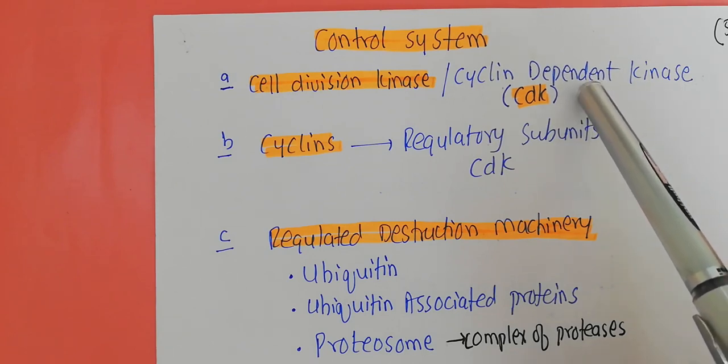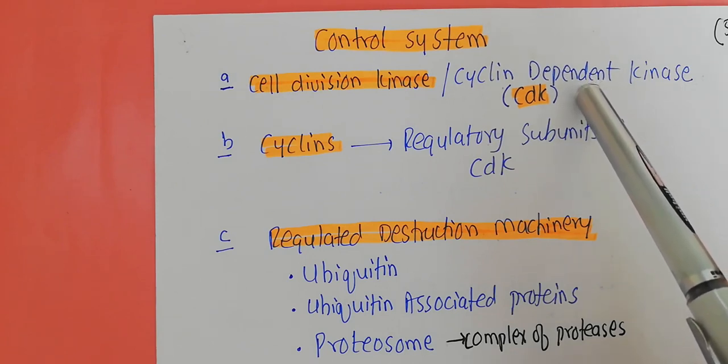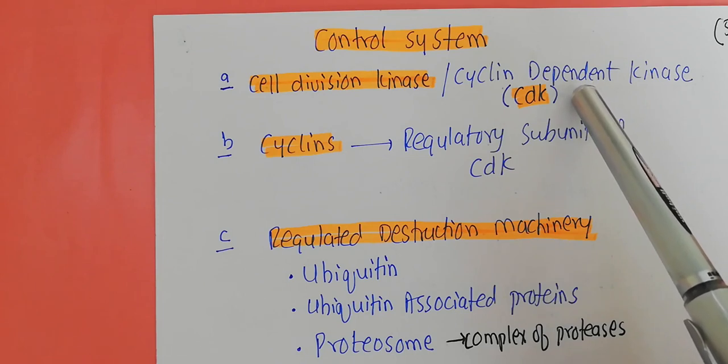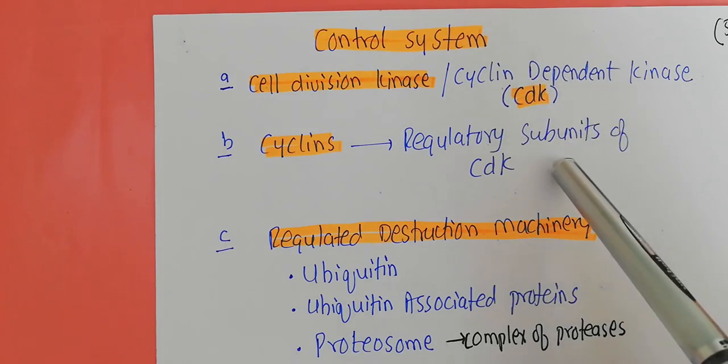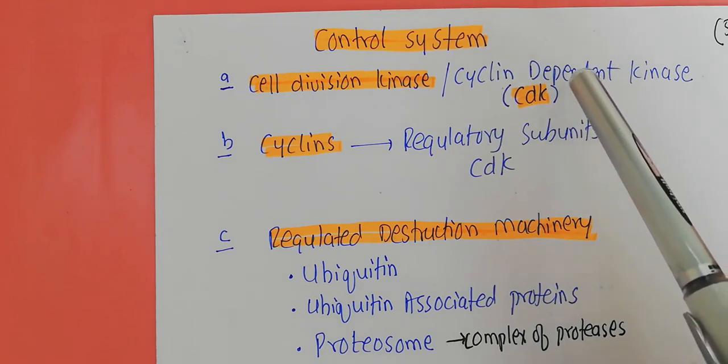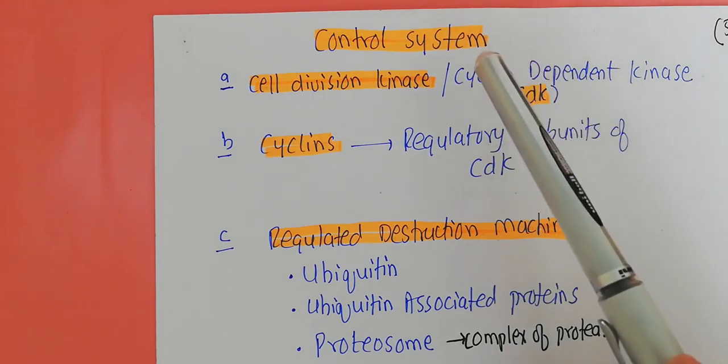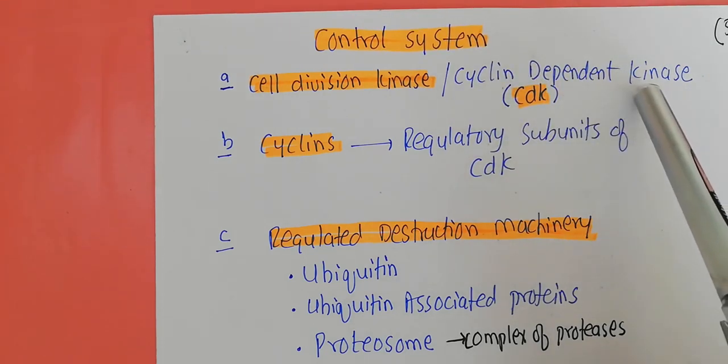So these cyclin-dependent kinases are responsible for moving the cell cycle from one phase into another phase in a controlled fashion. If you look at the name of this particular protein, they are known as cyclin-dependent kinases.